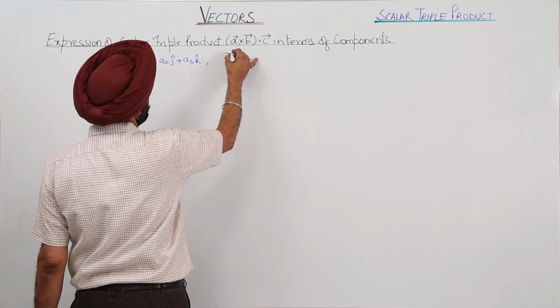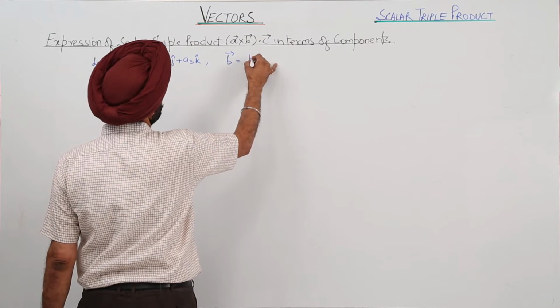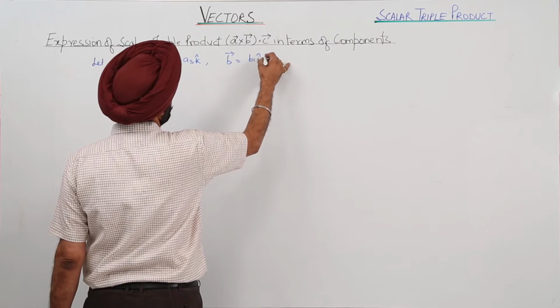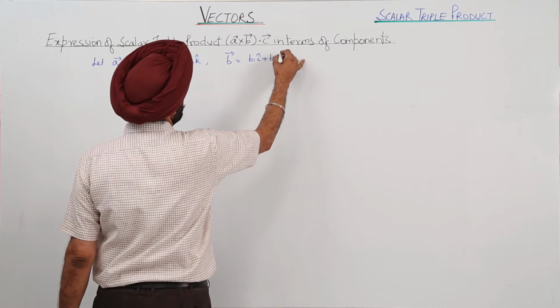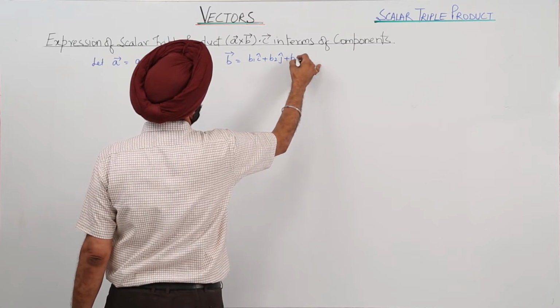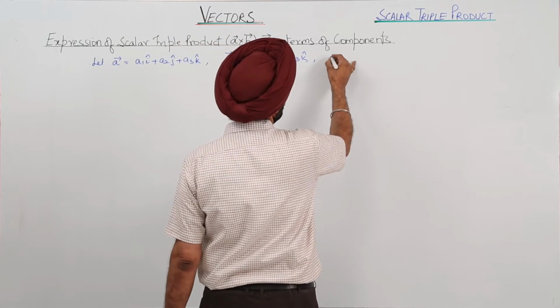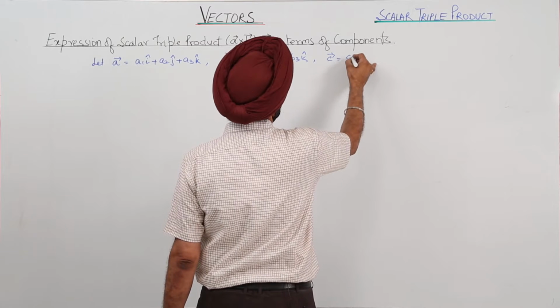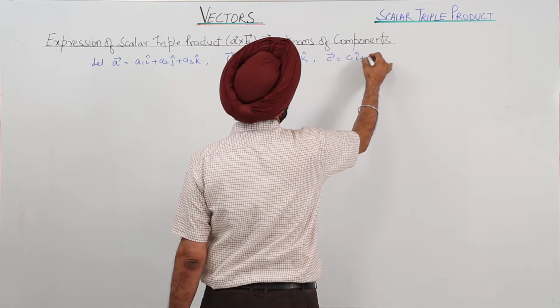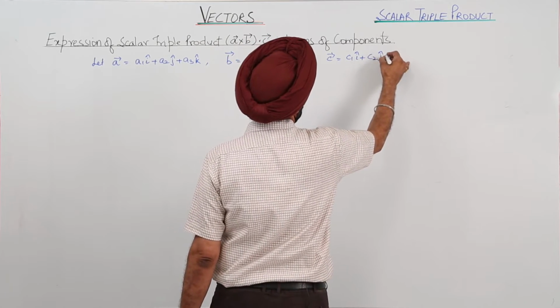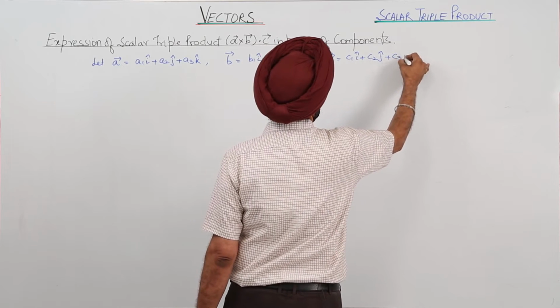Vector B is equal to B1 i cap plus B2 j cap plus B3 k cap, and vector C is equal to C1 i cap plus C2 j cap plus C3 k cap.